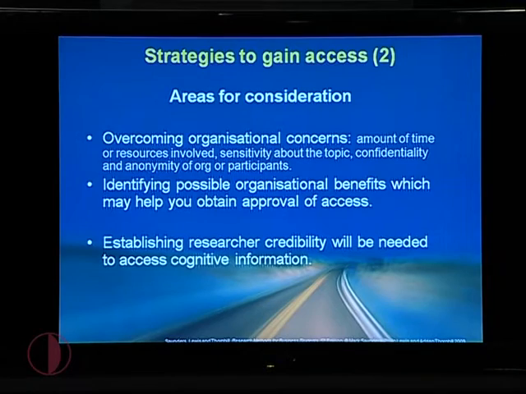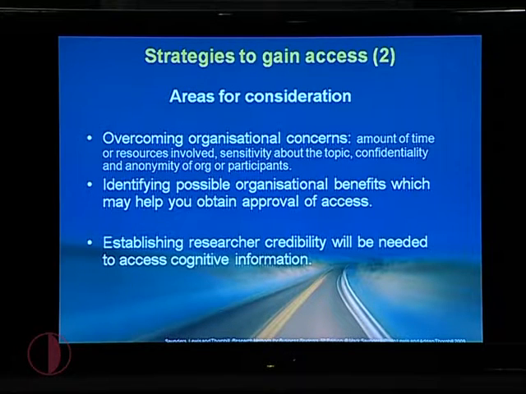Another area of consideration, according to strategies to gain access to the organization in order to collect the information, is overcoming organizational concerns, to let them be satisfied and at ease while you are conducting the research and collecting the information. Amount of time or resources involved, sensitivity about the topic, confidentiality and anonymity of organization participants.